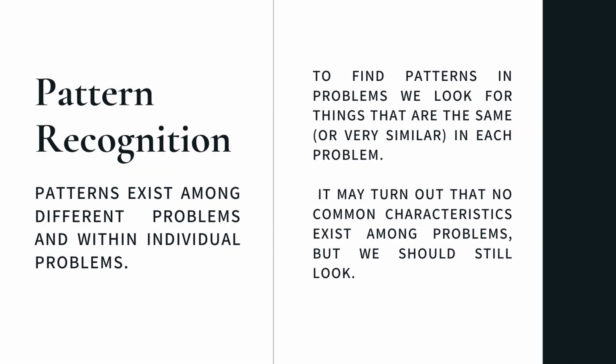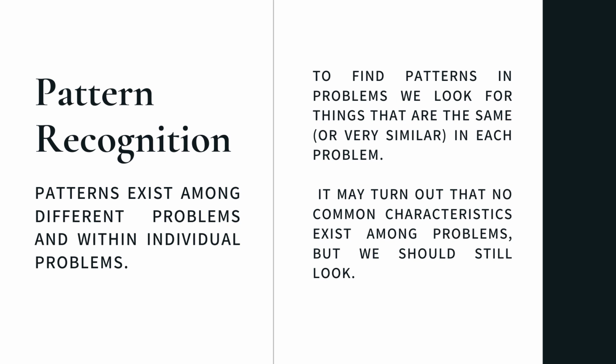All right, second, pattern recognition. Patterns actually exist among different problems and within individual problems as well. For example, to find patterns in problems, we look for things that are in common, which means the same or very similar in each problem. It may turn out that no common characteristics exist among problems, but we should still look.